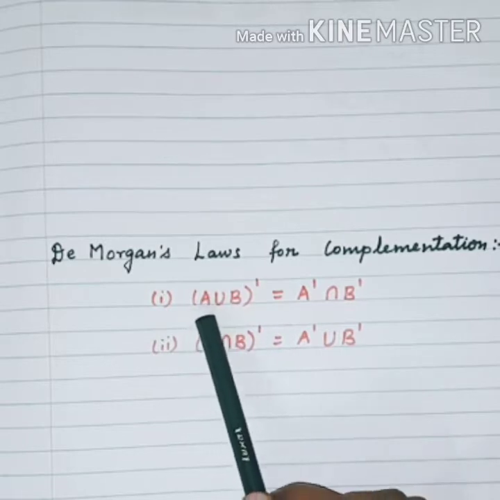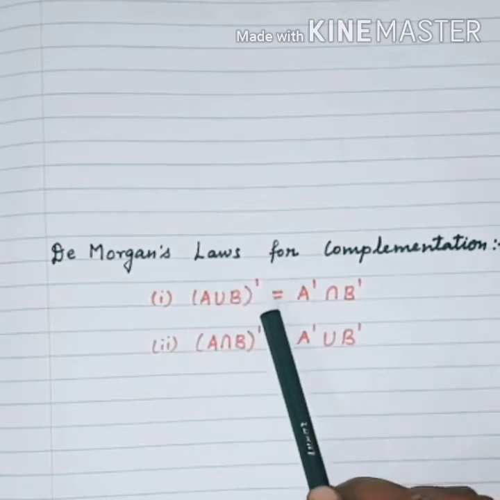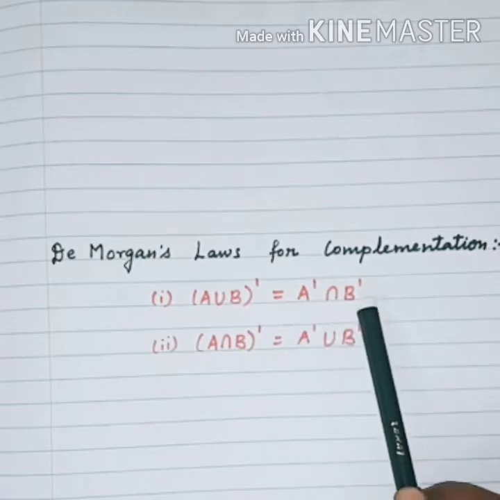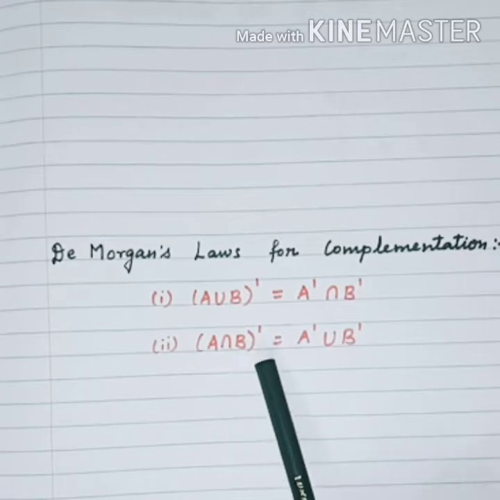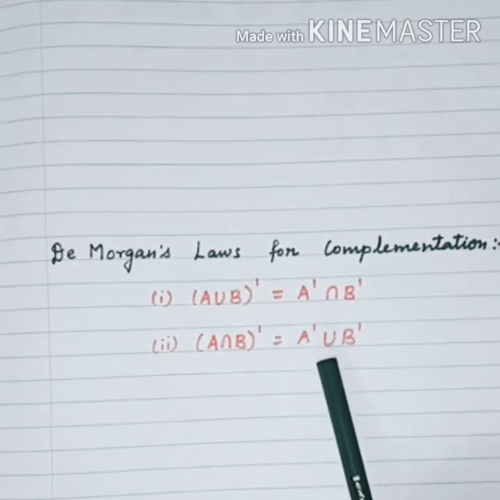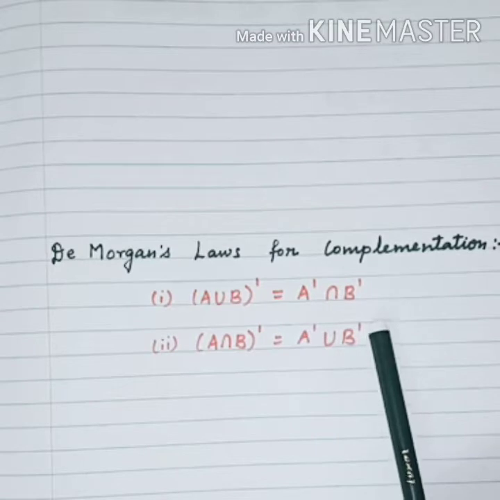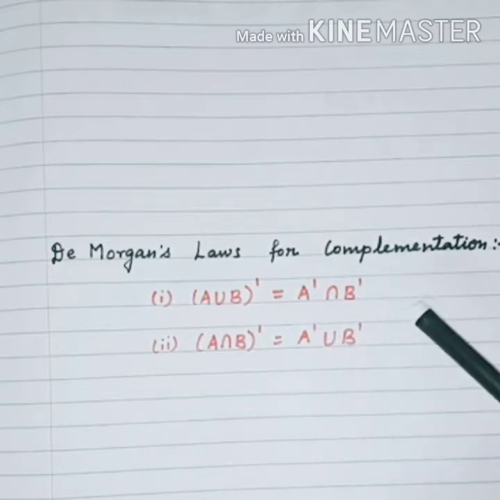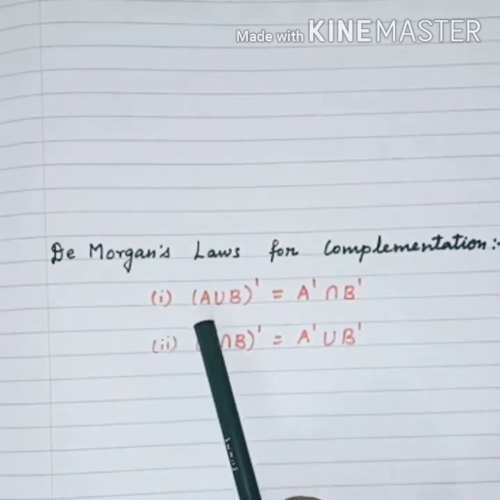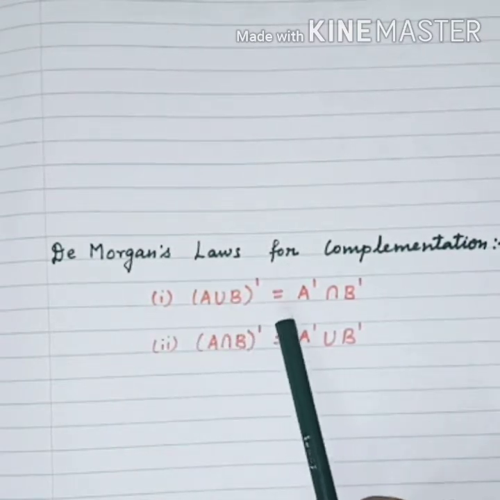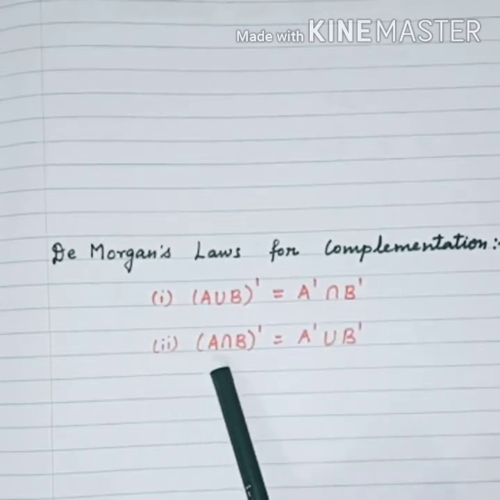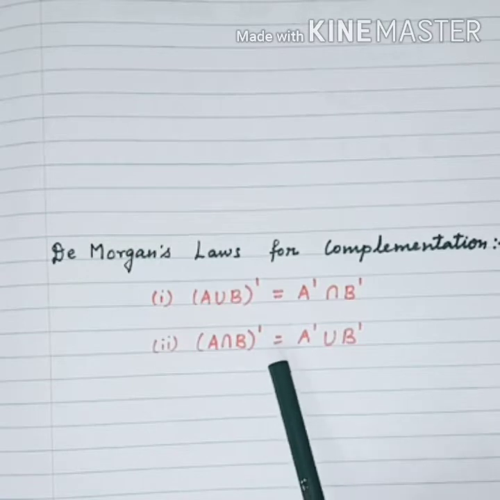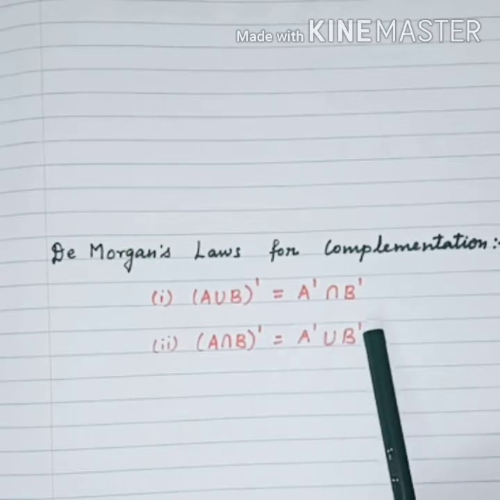So (A union B)' is equal to A' intersection B'. The second law is (A intersection B)' is equal to A' union B'. These two laws are called De Morgan's laws for complementation. First law is (A union B)' equals A' intersection B', and second law is (A intersection B)' equals A' union B'.